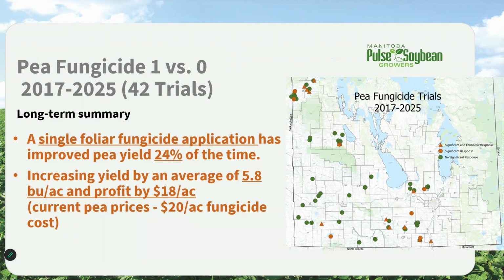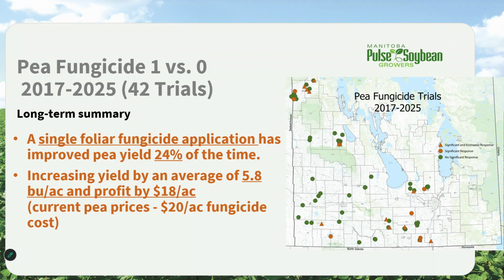So the long-term results for single versus no fungicide application trials in peas from 2017 to 2025: we have completed 42 trials, and 24% of the time, a single foliar fungicide application has been significant and economical.